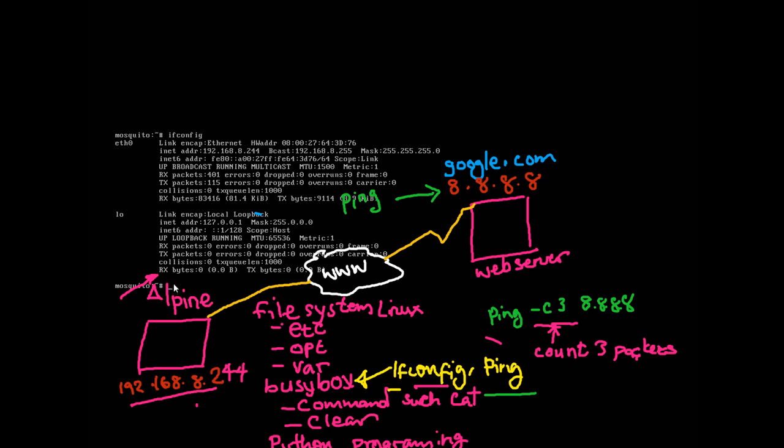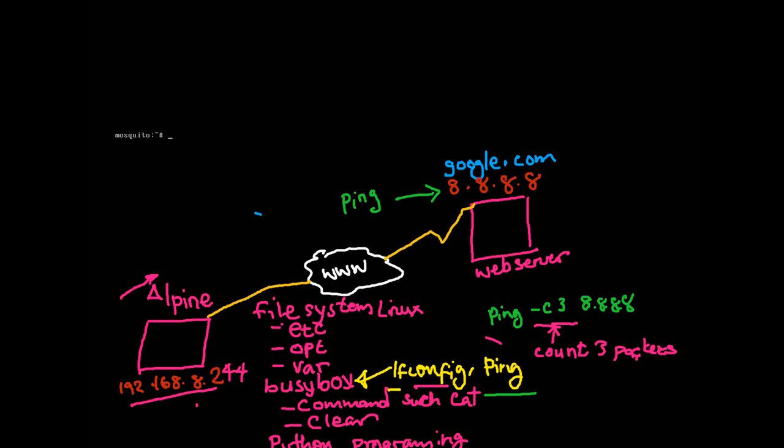Then let's ping here. Let's clear the screen. We have got one piece of information there. Then I'll do ping, then -c, then we want 3 packets going to Google, so we'll do 8.8.8.8. Then you press enter.